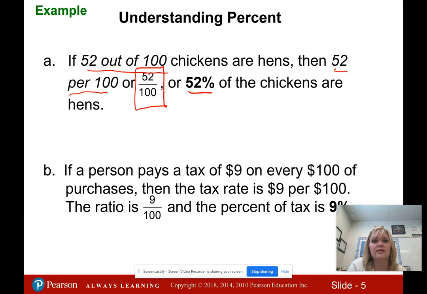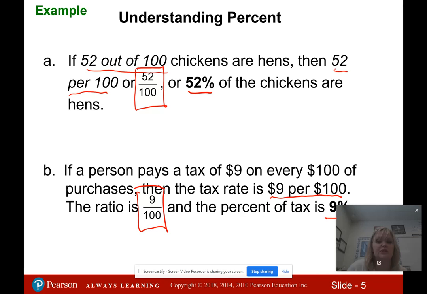Those are all ways to represent the same ratio, just different ways. And if a person pays a tax of $9 on every $100, then the tax rate is $9 per 100, or 9 per 100 as a fraction, or since it's 9 out of 100, that's 9%, because percents are always out of 100.